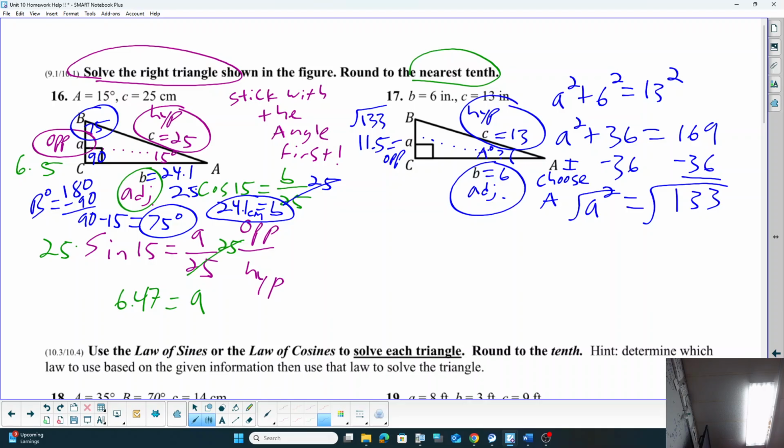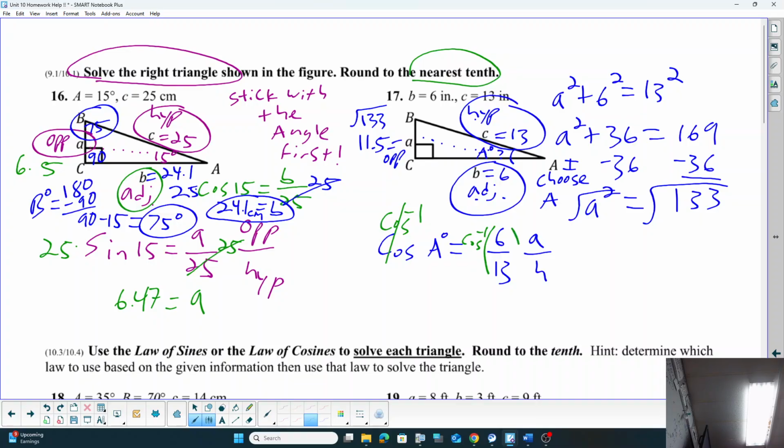And so what is adjacent and hypotenuse? Adjacent over hypotenuse is cosine. So cosine of angle A, we're trying to solve for A, is equal to adjacent 6 over hypotenuse 13. And so how do you find a missing angle? You inverse cosine.